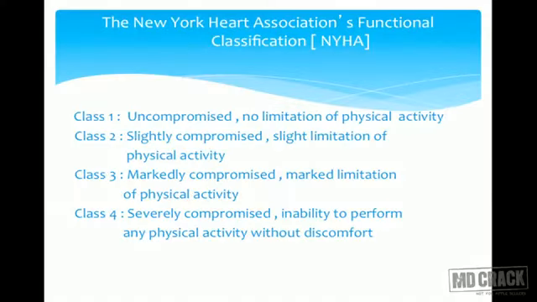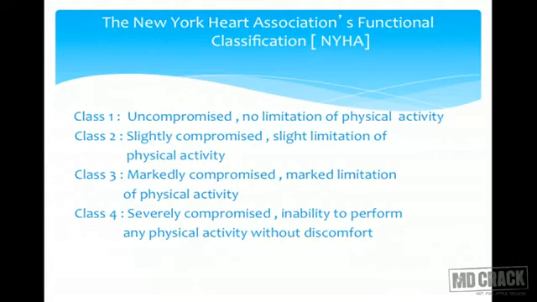The New York Heart Association has classified heart disease according to function. Class 1, how is the patient? She is uncompromised. There is no limit to her physical activity. That is class 1, meaning this patient has a good prognosis. Her physical activities are not restricted because of heart disease. Class 2, there is slight compromise, slight limitation of physical activity, maybe at unaccustomed exercise or work.